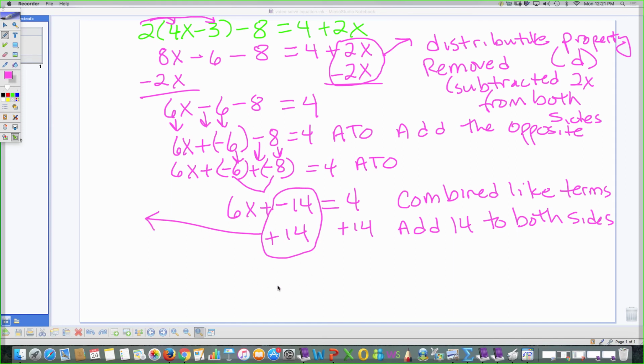We wanted to have just the x's over here. And over here we have 18. So I have 6x equals 18. So a lot of you can just look at that and go, oh, 6 times 3 is going to be 18, right? 6 times 3, so x must be 3.